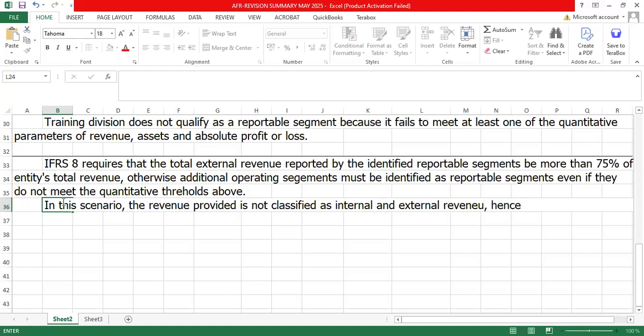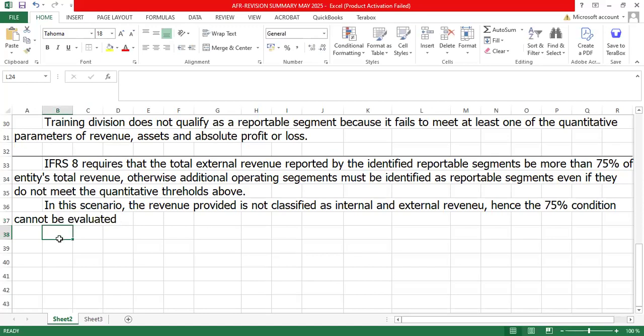Hence, the 75% condition cannot be applied or cannot be evaluated.